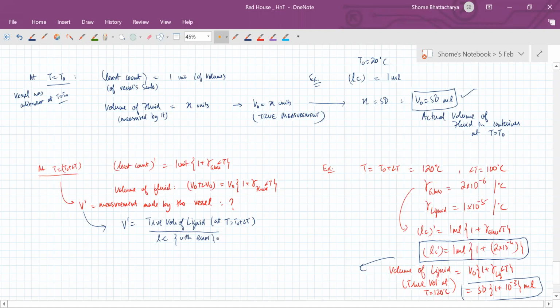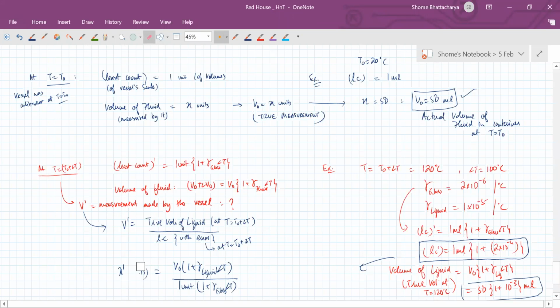It's not a correct least count because it is at T equal to T naught plus delta T. So if the new volume is some X prime units, that measured value of X prime units will be the true volume, which is V naught 1 plus gamma of liquid into delta T upon the expanded value of the least count, which is 1 unit into 1 plus gamma of glass into delta T, whatever the container is made of.